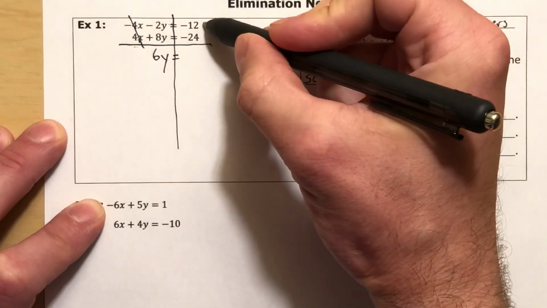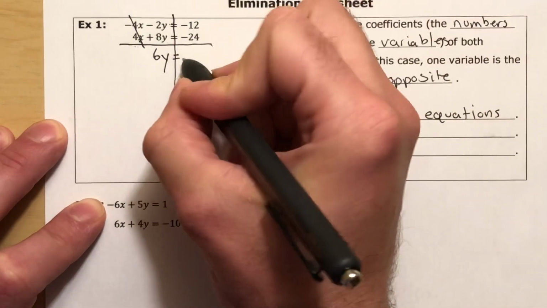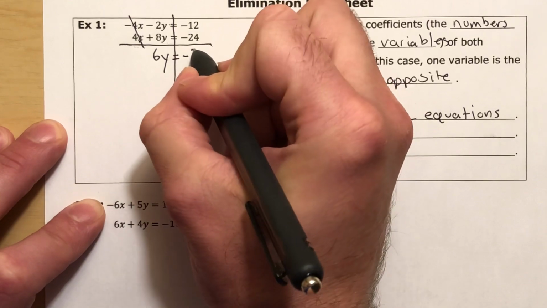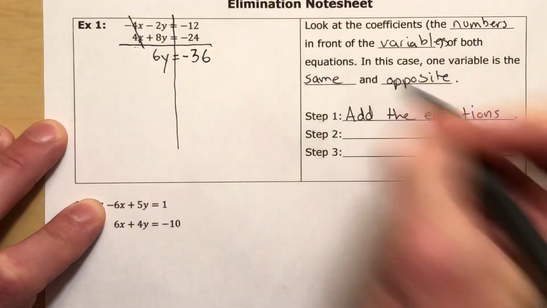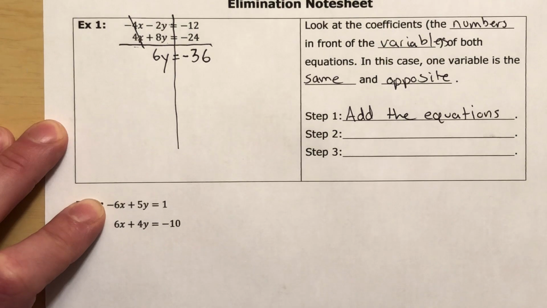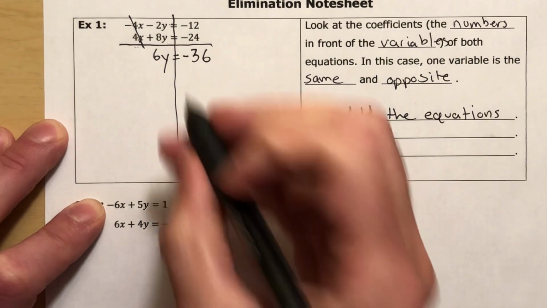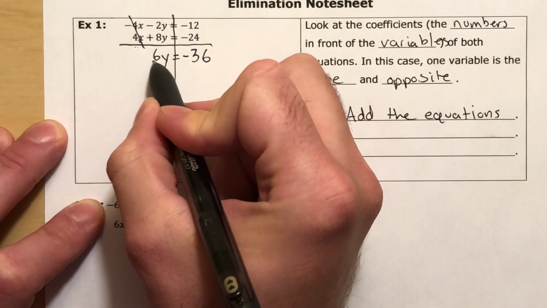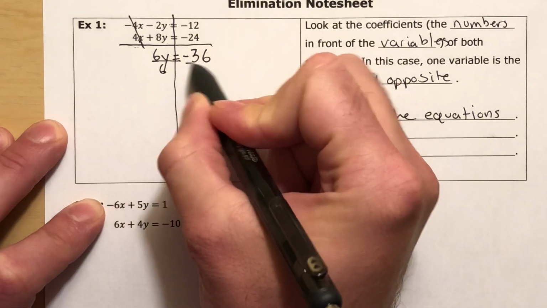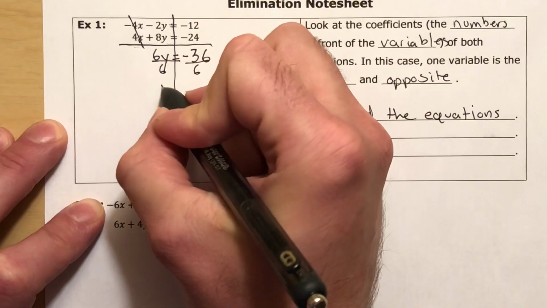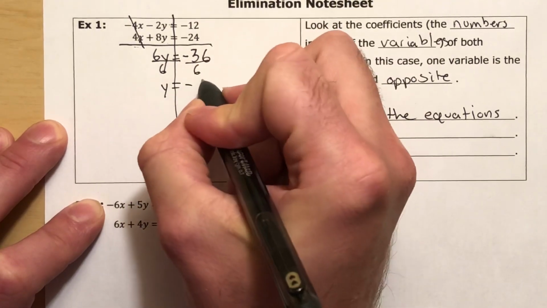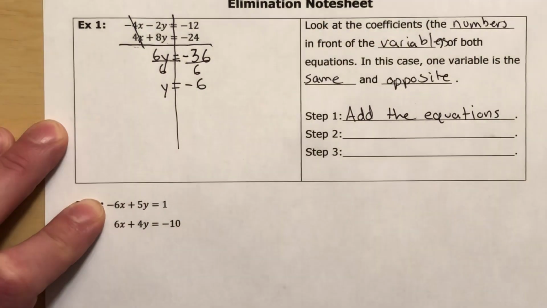And then -12 plus -24 gives us a larger negative, so -36. And then to solve for y, we're going to divide by 6. And that gives us y equals -6.